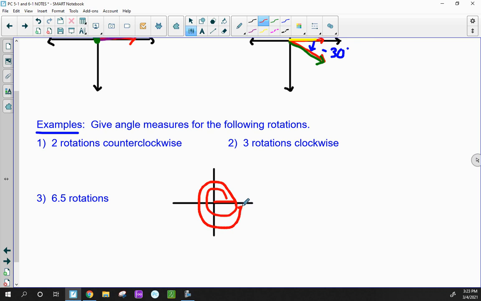So I'm going to land right there. Since there's 360 degrees in one circle, and I'm going around twice, and I'm going in this direction, we know that the answer is positive, so all you have to do is take 2, multiply it by the positive 360 to get 720. Okay, really easy.